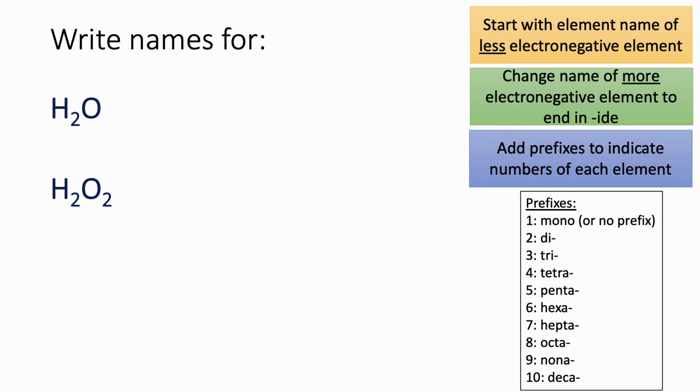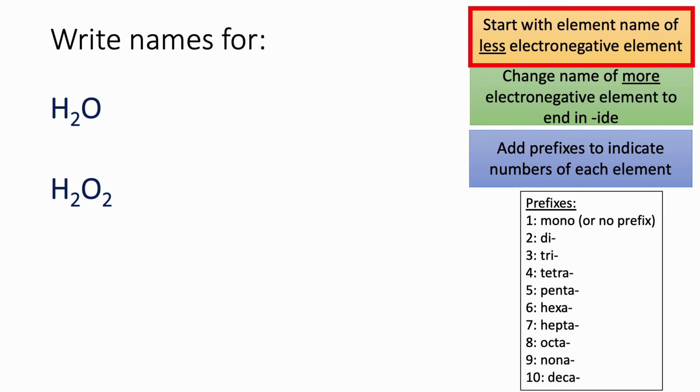And that would be the only way we could write water if it were an ionic compound. But it's not. You see, we can also have H2O2, hydrogen peroxide. Now, those are the common names, water and hydrogen peroxide. They both also have systematic scientific names. So let's write those here.